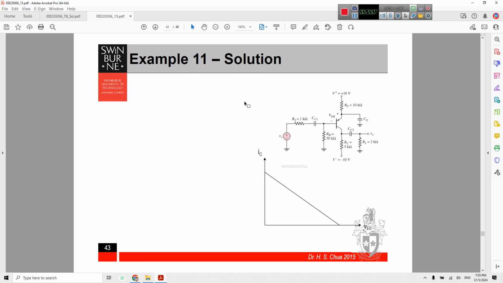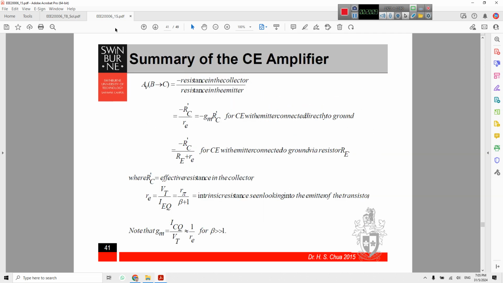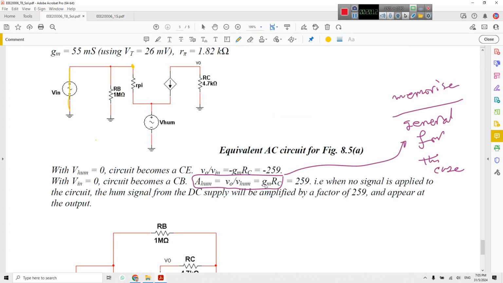For B we also need it, I cannot find it, maybe your slide is updated. So for you, I think it is better to memorize this one.